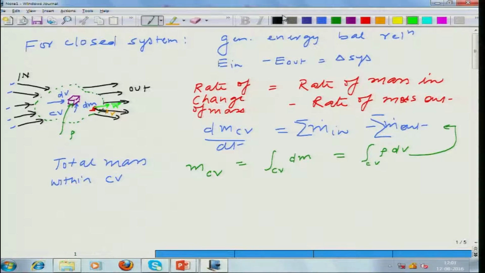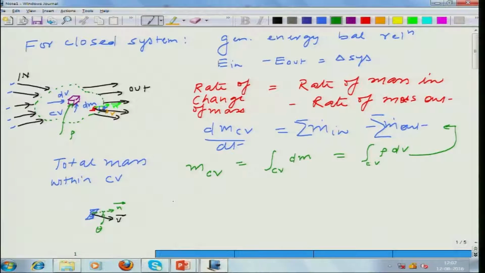The angle between them would be theta. In other words, we are considering a small differential area within this control volume, the flow is represented by the velocity V in this direction, and the corresponding normal vector to this differential area is this n vector. The angle between them is represented by theta.